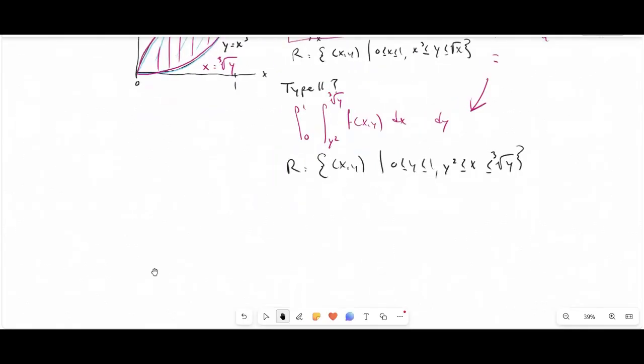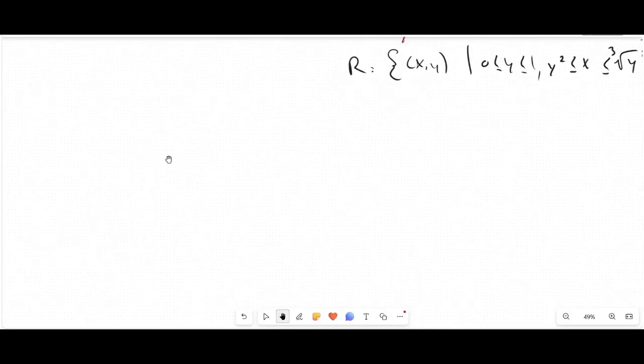Okay, let's try to do an example that actually involves doing integrals. So, boom, example. Let's see what we got. Yeah, let's try this one out here.